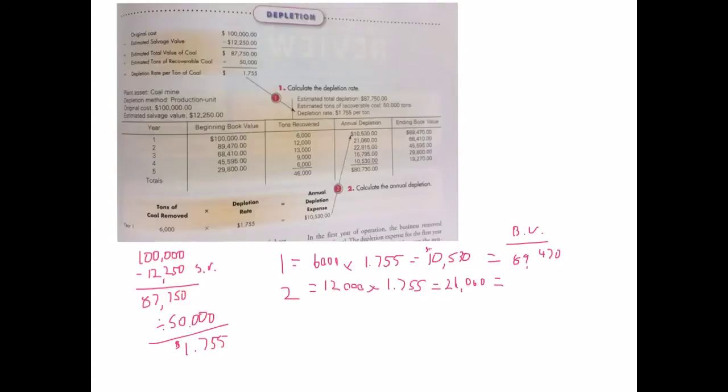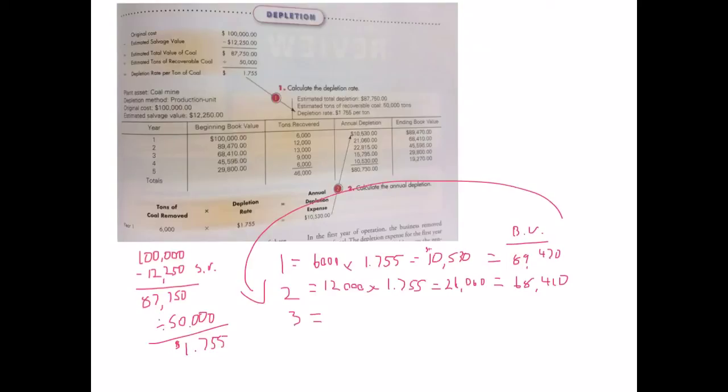And this is coming from the book value, not the original cost, but the book value. So our ending book value for year one became our beginning book value for year two. So 89,470 minus 21,060 gives us an ending book value of 68,410 for year two.